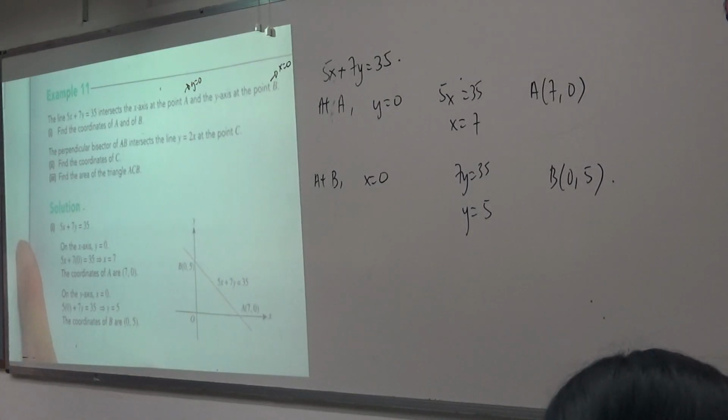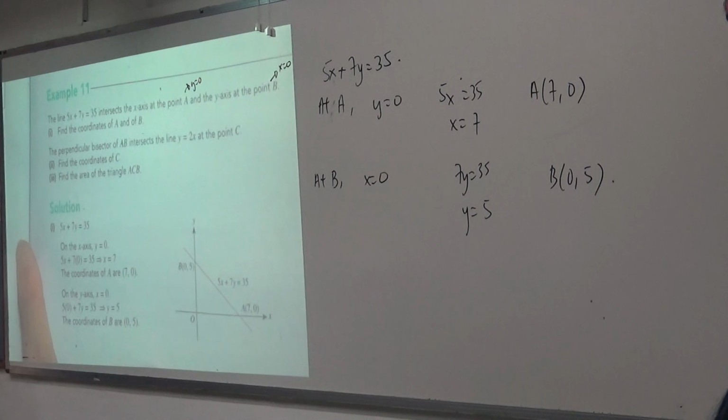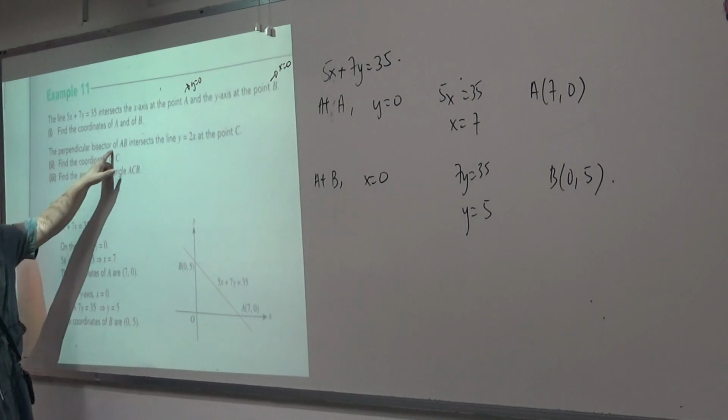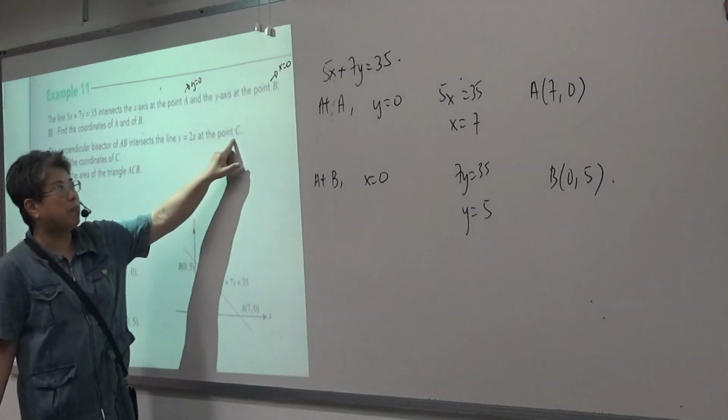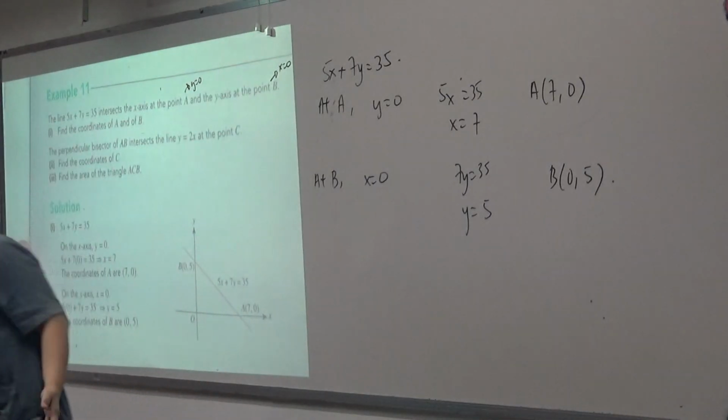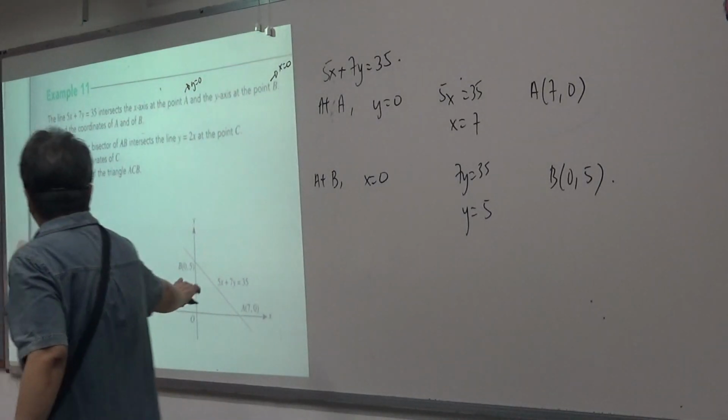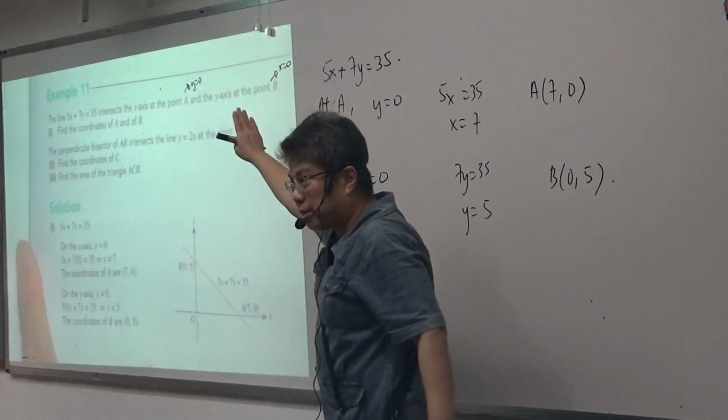Okay? Now, it's the next part that is a bit worrying. All of you look at the next part. The perpendicular bisector of AB intersects the line y equals x at the point C. What does it mean here? All of you look up. I'm going to push the diagram upwards. Okay?